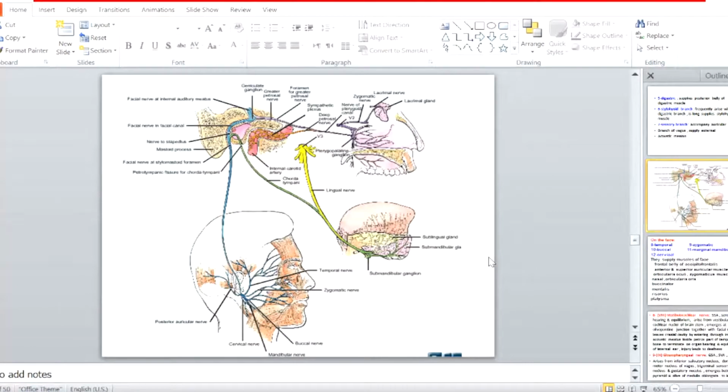In addition, it supplies some sensory fibers to the external acoustic meatus and, with the vagus nerve, to the middle ear.